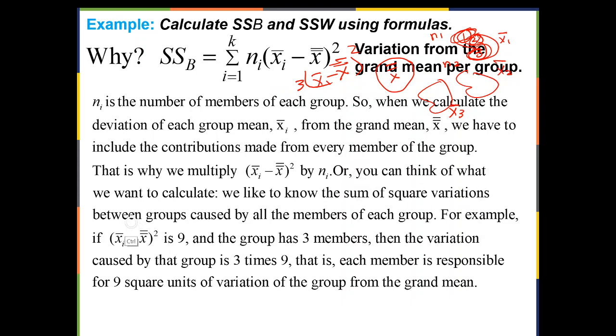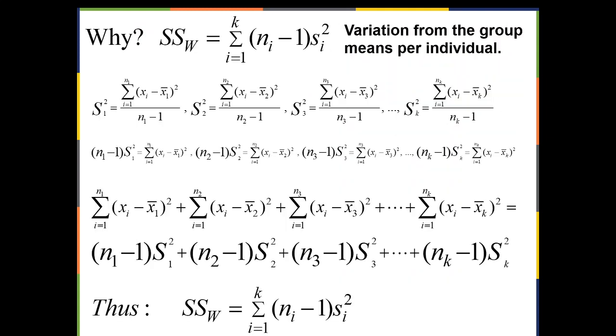For example, if this is 9 and the group has 3 members, then the variation caused by that group is 3 times 9. That is, each member is responsible for 9 square units of variation of the group from the grand mean. Alright, that's the best explanation I can give you on that. We are not going to use the formulas directly in this course, but you want to learn the concept, so you need to know where they come from.